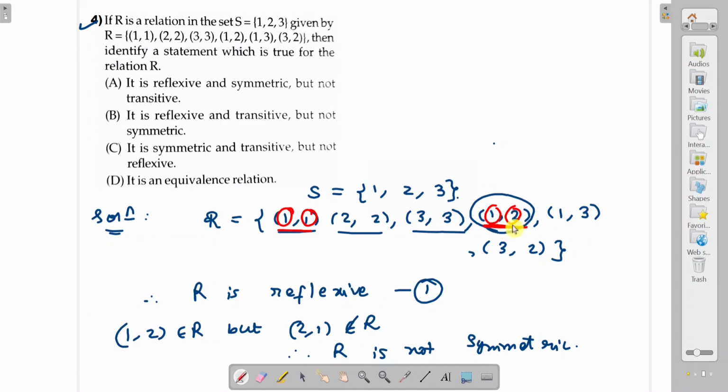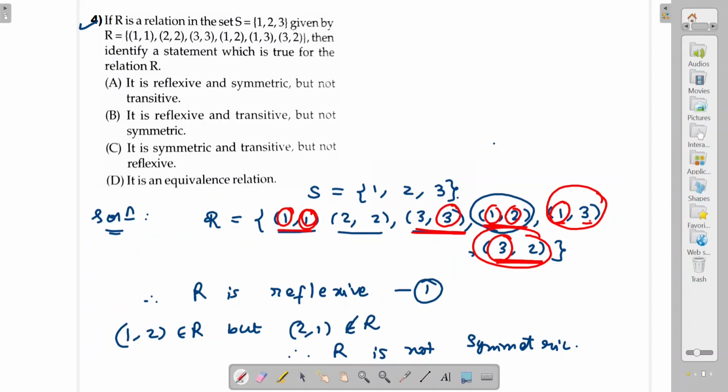Then again we will check another instance. So (1, 1) and (1, 3) is there, right? So b is common. So (1, 3) should be there in this set, and it is there here itself. Now let us check some other pairs which occur here. So (3, 3) and (3, 2). So 3 is common, then (3, 2) should be there, so that is there here.